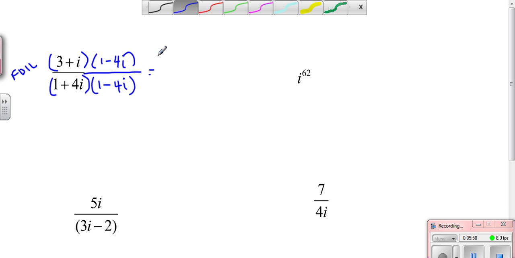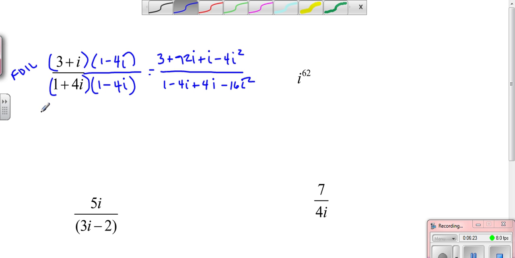So in the numerator I have 3 plus negative 12i plus i minus 4i squared, all over 1 squared minus 4i plus 4i minus 16i squared.